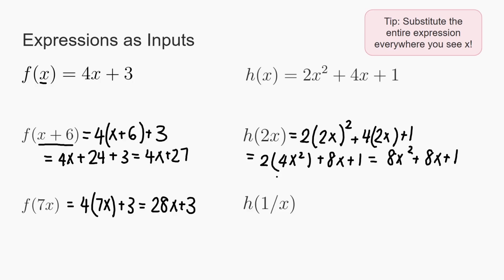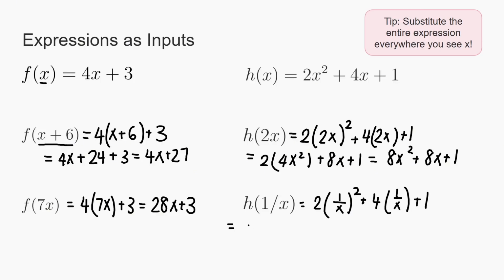And for this one, we have h of 1 over x. What does this mean? It might look a little bit more complicated, but same like before, we're going to be plugging 1 over x in every time we see x. So 2 multiplied by 1 over x squared, because we're plugging in 1 over x for every time we see x, plus 4 times 1 over x, plus 1.